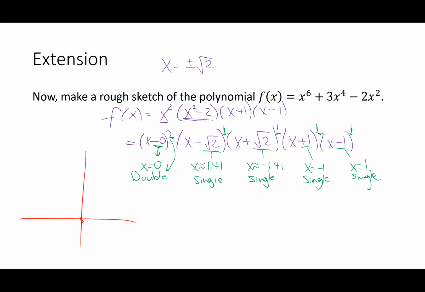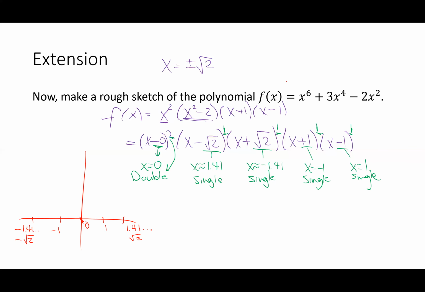So I know I'm going to need the particular x value 0. Here's about 1. Here's 1.41, or roughly square root of 2. Here's negative 1. Here's negative 1.41, or just the negative square root of 2.